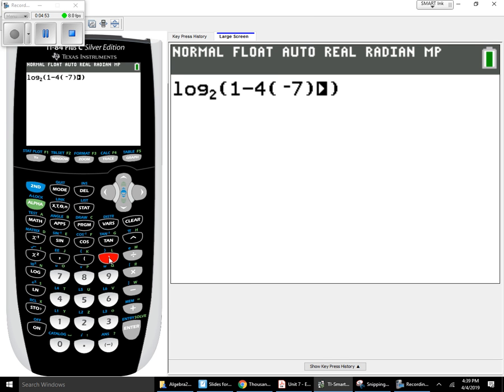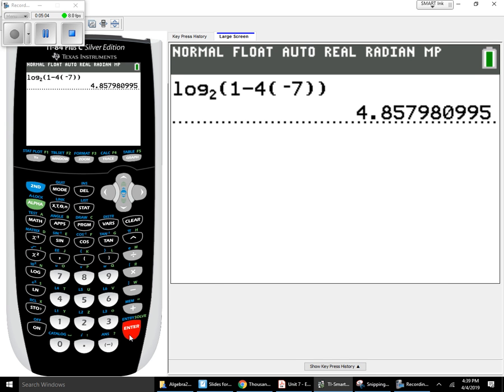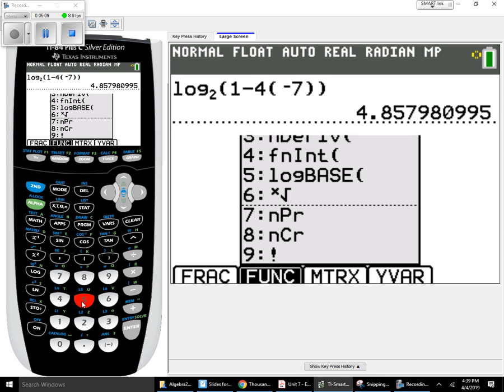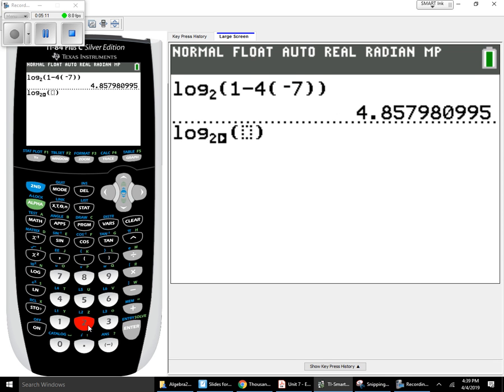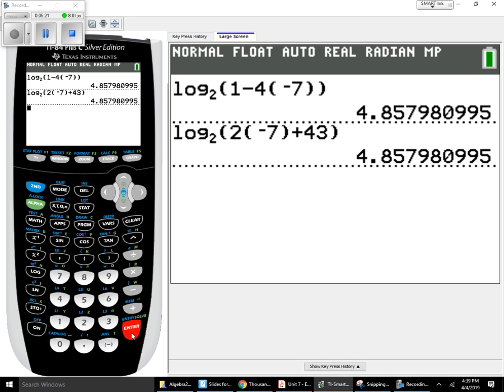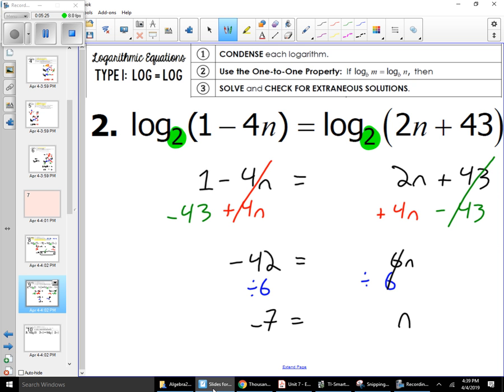Again, if I hit enter and it tells me no solution or domain error, then that means I did something wrong or that this is an extraneous solution. But look, I got a number. That's a good sign. Then alpha F2 brings up my log base menu again. I can now check the right-hand side. The right-hand side was 2n plus 43. Lo and behold, I get the same number for both sides of the equation. So this solution does check out.